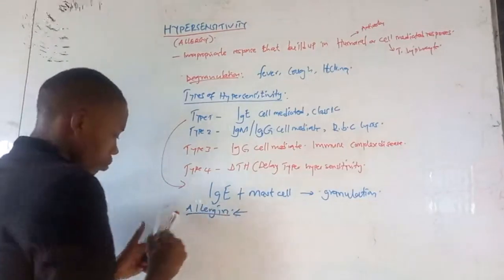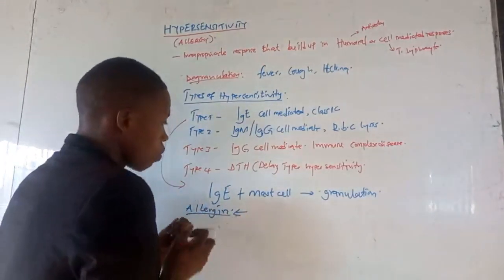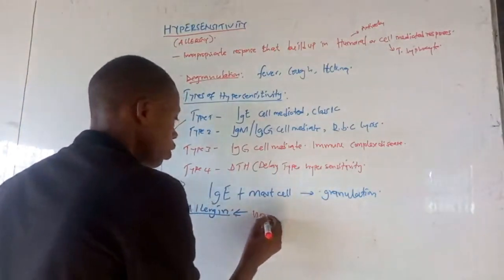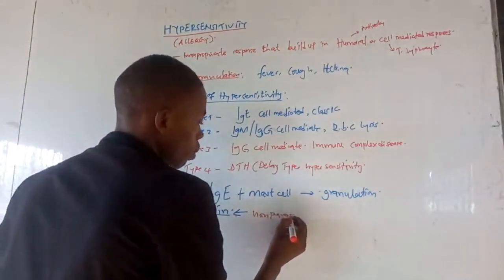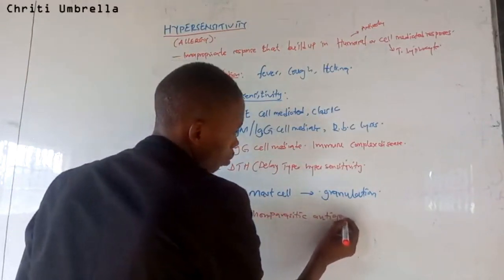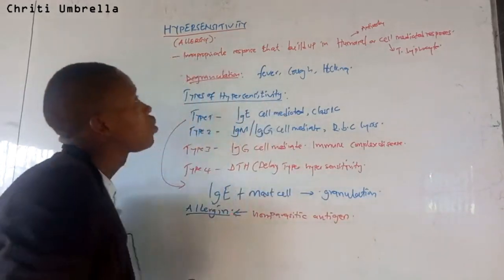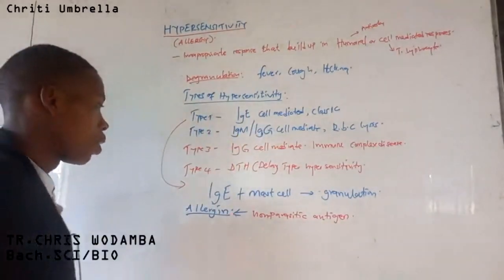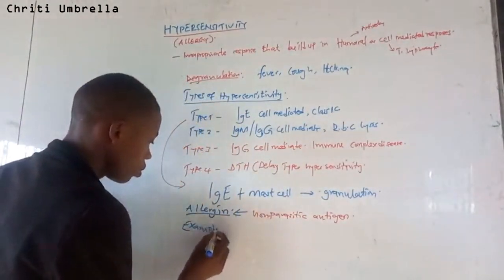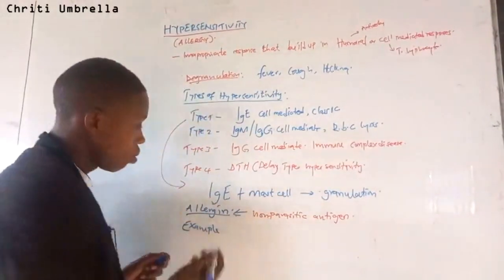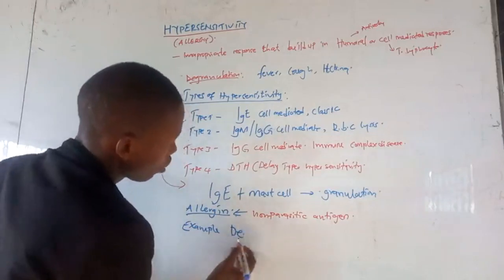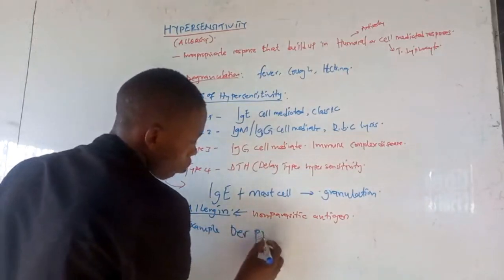So allergen simply refers to a non-parasitic antigen that produces such a response in our bodies. An example of such is DP1.